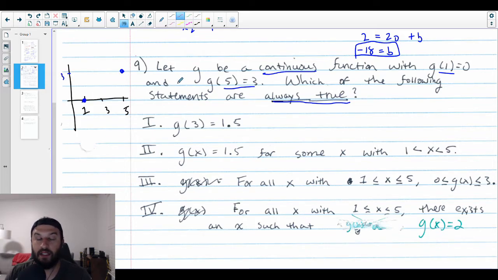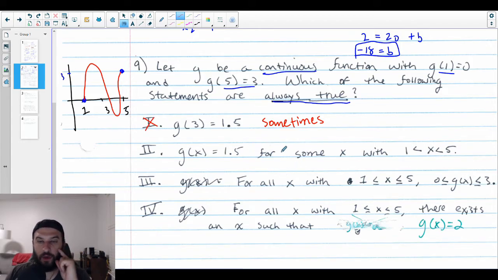That doesn't tell me what I touch and when. So I could go way up and down as long as I am continuous in between. So does this necessarily have to be true? No. Could it be true? If this was an always, sometimes, never question, this is sometimes true, but not always. So it can't be choice 1.